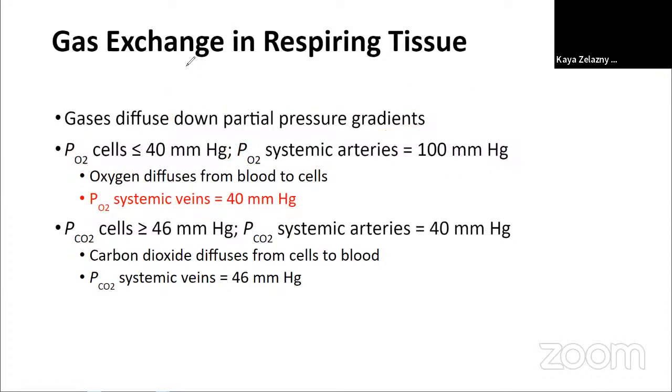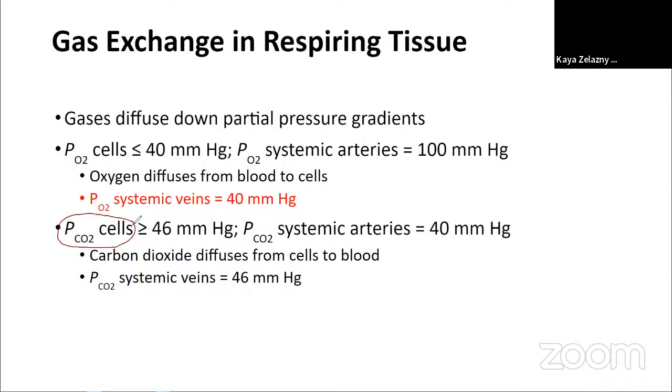So we have the same sort of thing happening in the carbon dioxide system, our carbon dioxide transport, except our gradient is the reverse. So our respiring tissue is producing a bunch of carbon dioxide, right? Because as we break down glucose, we separate out all those carbons, we get rid of them as CO2, right?